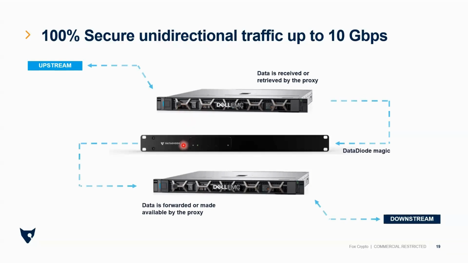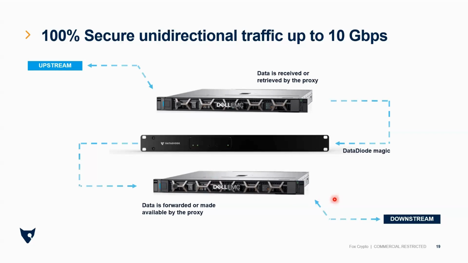So in the middle, you see the data diode, and to the data diode, you connect two proxy servers. One on the black network, that's with a fiber connection. The upstream proxy is connected to the upstream network, the black network. There's no configuration you have to do in the black network because this is two-way communication based on TCP/IP. Same on the red side.